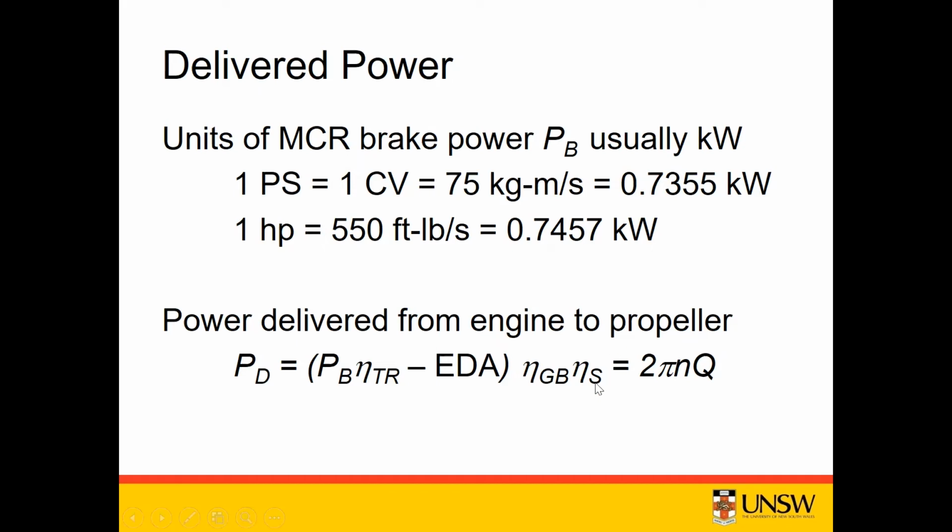If you've got engines midships, typically 2 or 3% losses, so 97, 98% overall shaft efficiency. If your engines are aft, typically 1 or 2%, so 98, 99% efficiency. And that's going to give you a power at the propeller of 2 pi times the rate of rotation times the torque.